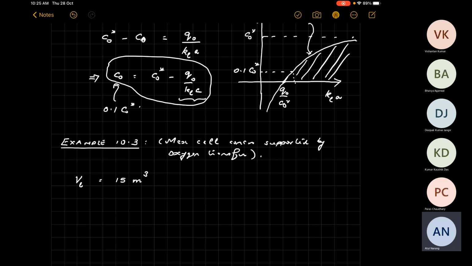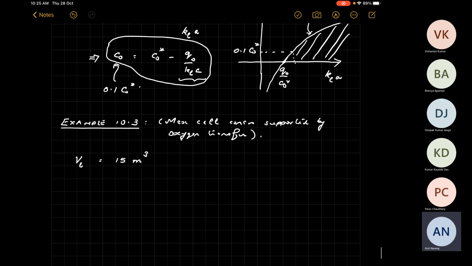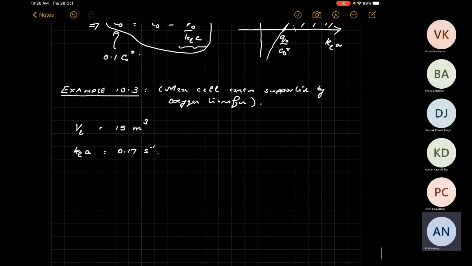The name of the strain is some Azotobacter vinelandii or something like that. Who cares? Just move on. They are also telling you that this reactor is being operated at a KLA value of 0.17 per second. Let me now emphasize that the units of KLA are 1 over time.